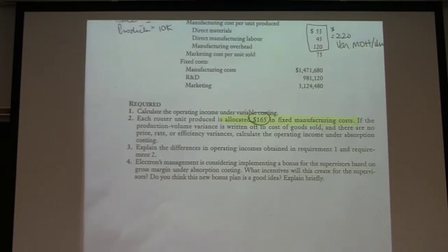Under absorption costing, it takes both fixed and variable cost, and supervisors can control their income based on how much they produce. So they can actually shift and flex income up or down depending on the level of production.